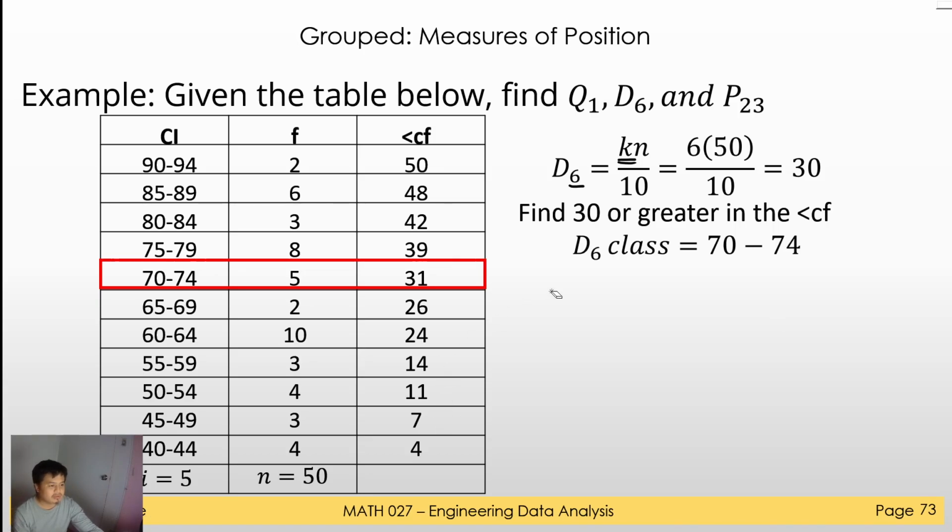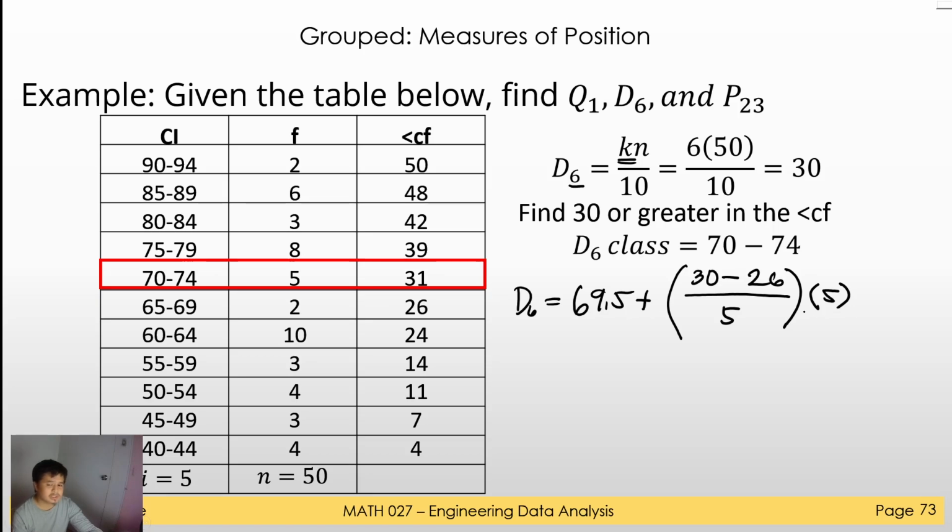So to find the value of D6, we again use the formula. D6 is equal to the lower class boundary. The lower class boundary of this we can do straightforward: 69.5 plus the kn over 10, which is 30, minus the cumulative frequency below this class, which is 26, and then over the frequency of this class, which is 5, multiplied by the class width, which is 5.